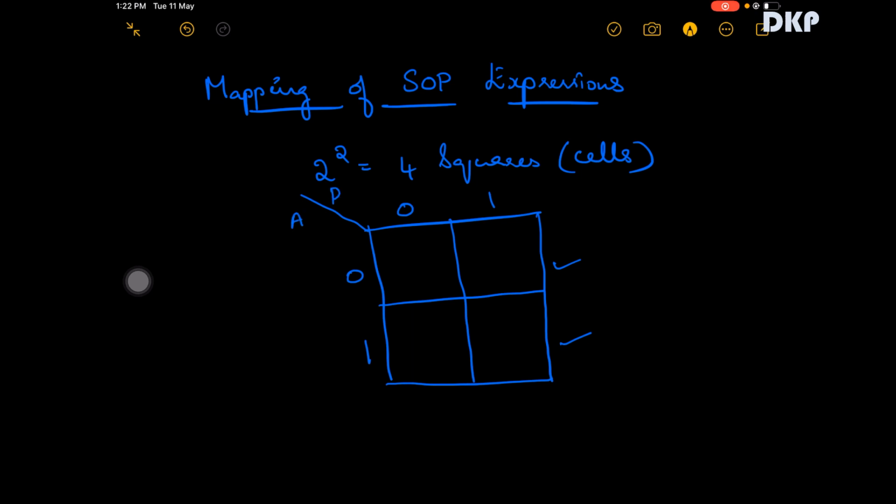These are the variables A and B. How many cells are there? 0, 1, 2, 3. 4 cells are there. Now we can write the minterm designation of the squares. The first cell is A bar B bar. Second is A bar B, and this one is A B bar, and the last cell is AB.